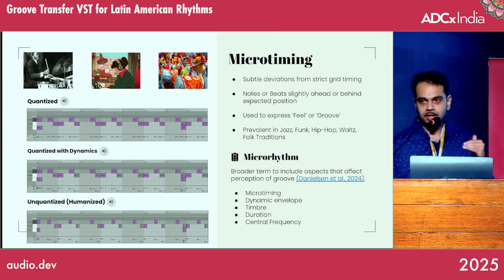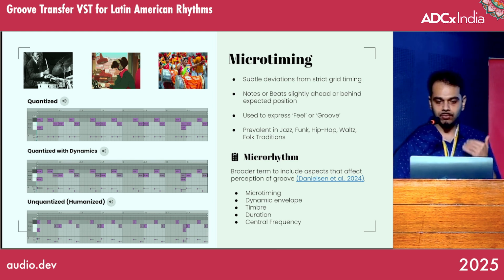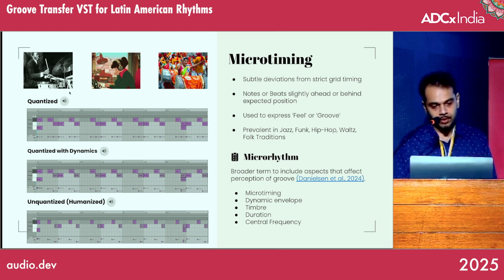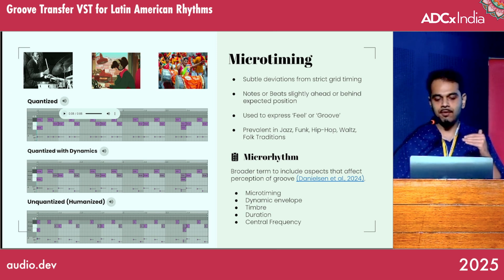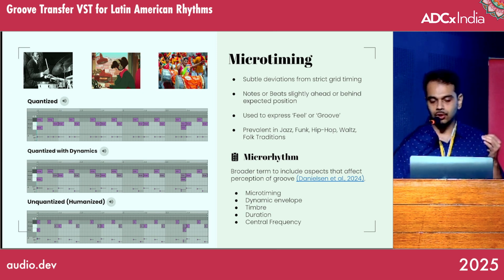Now I'll give you a small audio demo of how microtiming affects groove. This is something quantized, which means everything is locked to the grid. In this loop, every drum sound is at the same volume and locked to the grid. Very robotic.